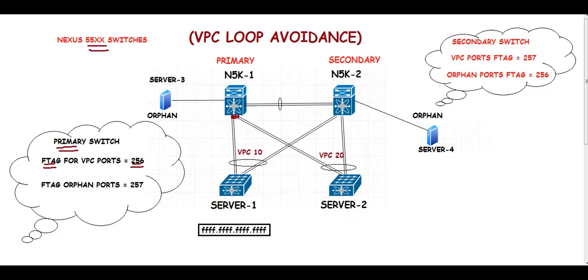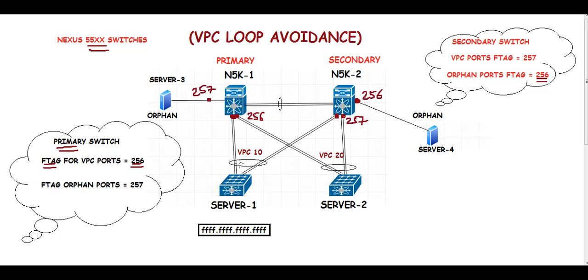This is a VPC port, and both these two ports are VPC ports on the primary, so they will have a value of 256. On the secondary, these are the VPC ports, and they will be part of value 257. And the orphan ports, you can see here, the orphan port on the secondary will be part of FTAG 256, and the orphan ports on the primary will be part of FTAG 257.